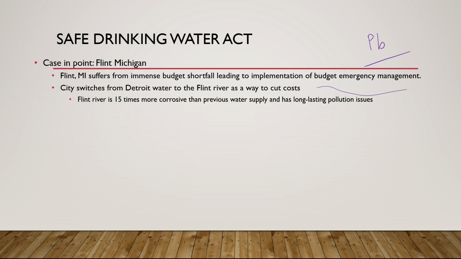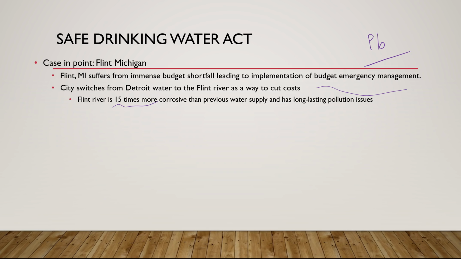Now, I'm going to assume that they didn't really anticipate what would happen as a result of that, because the Flint River, because of its pH, is 15 times more corrosive than the water that came out of, I think it was Lake Michigan, I believe. So Detroit's city water supply came out of Lake Michigan.